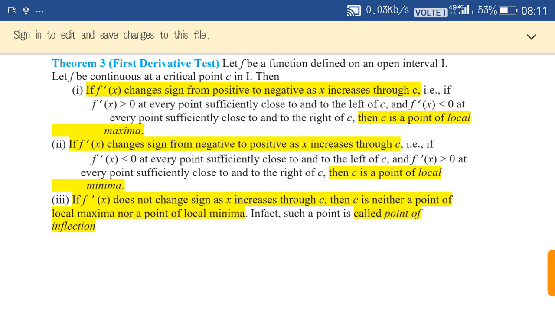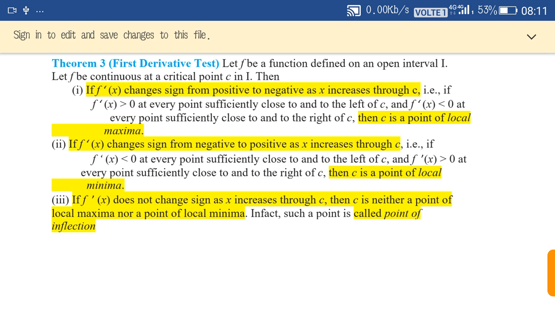Next, there may be a condition where f dash x does not change sign as x increases through c. Then c is neither a point of maxima nor a point of minima. Here the word local is included.